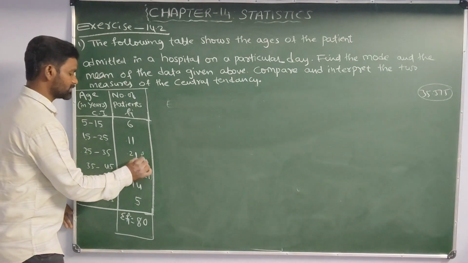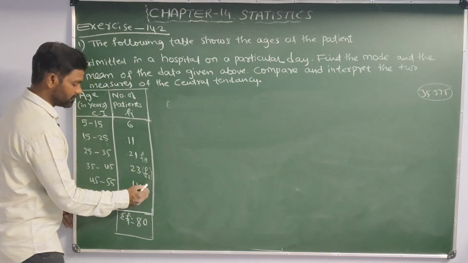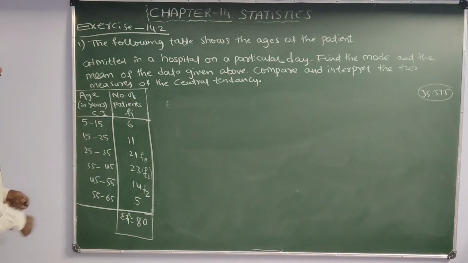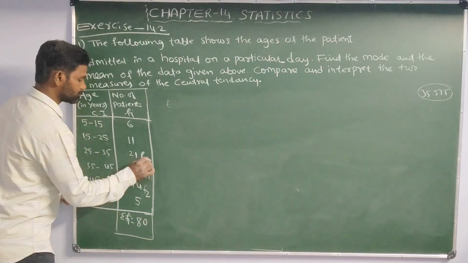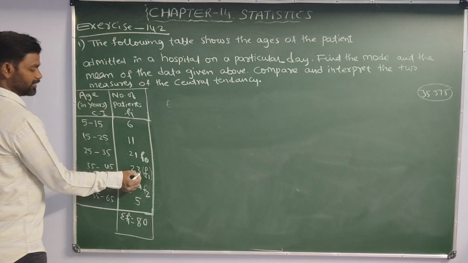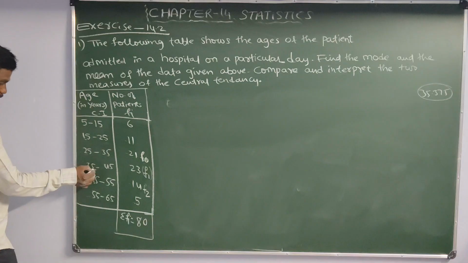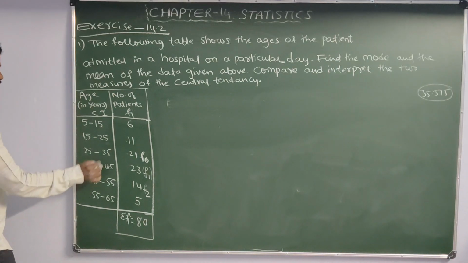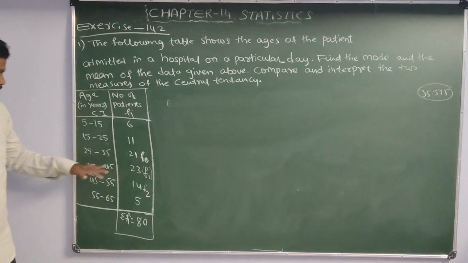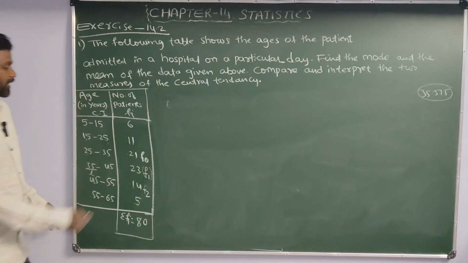Above F1 is F0, and below F1 is F2. Here 23 is the highest frequency. The corresponding lower limit is considered as L. All these things we have to note in the question.